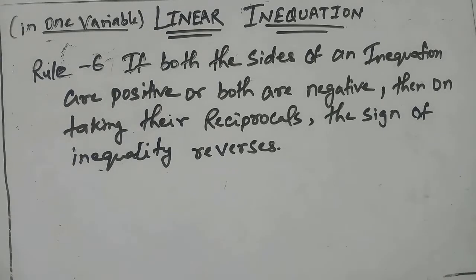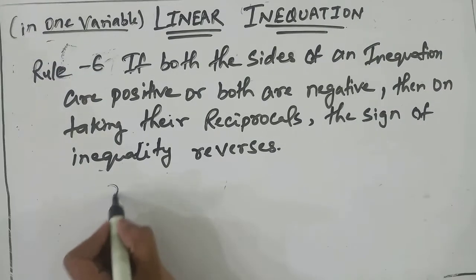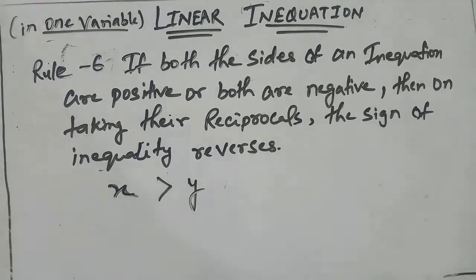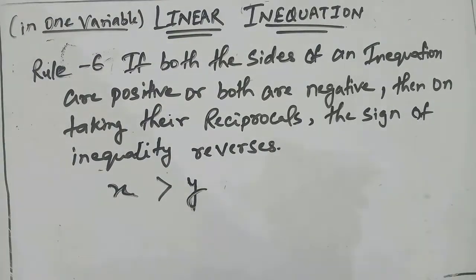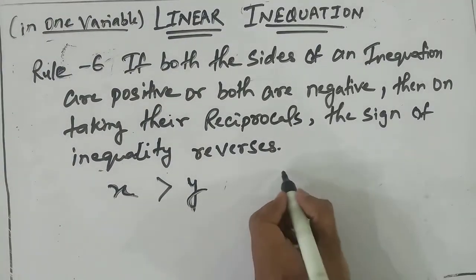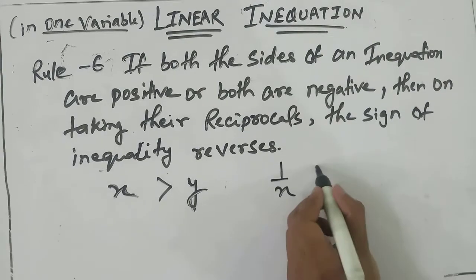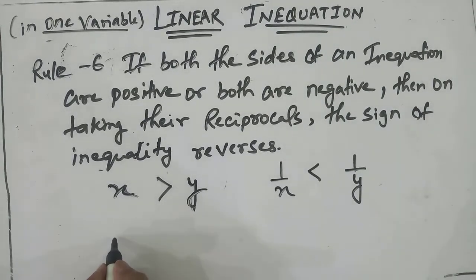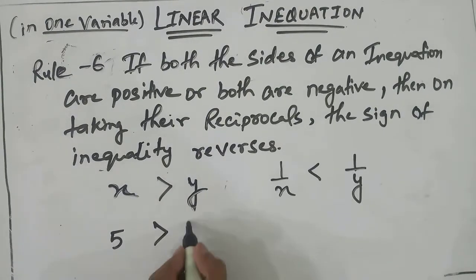Rule 6 is: if both sides of an inequation are positive or both are negative. Like suppose x is greater than y, and we consider x as a positive term and y also as a positive term, then if we take the reciprocal, 1 upon x will be less than 1 upon y. We can take the example: 5 greater than 2.